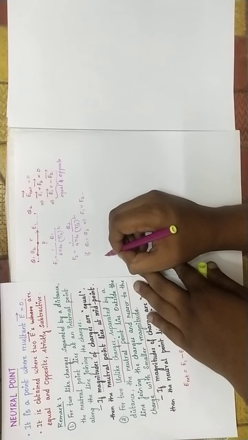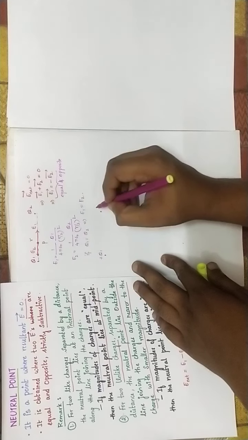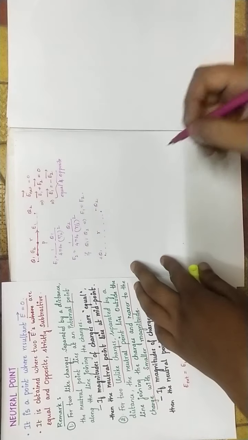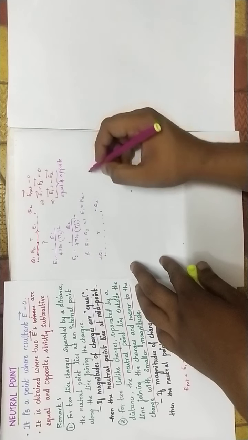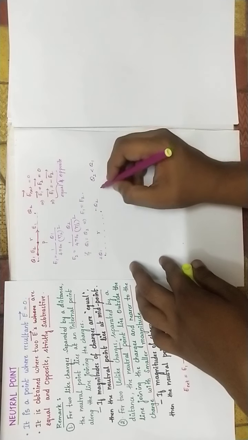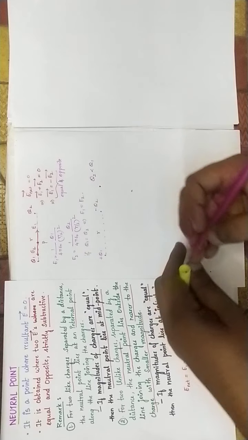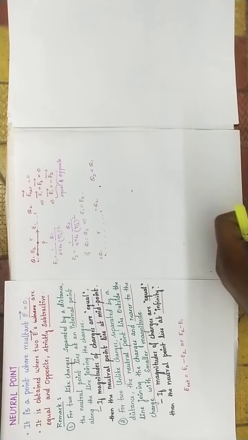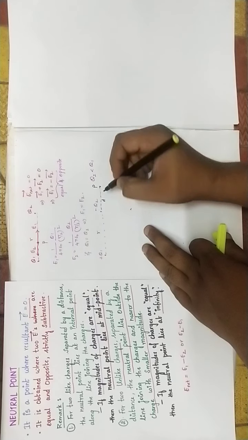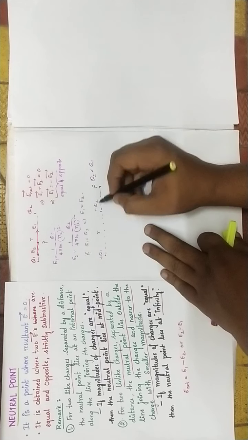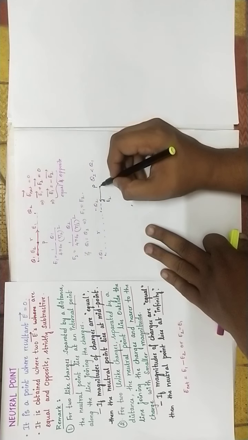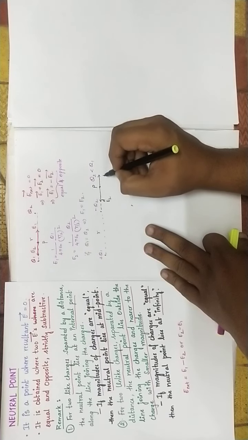So if I take one charge plus Q1, another charge minus Q2, they both are separated by distance R. Then if I assume that the Q2 magnitude is less than Q1, and I choose one point outside both Q1 and Q2, say this point P, at a distance D, the electric field due to Q2 will be acting towards left, which I say E2. The electric field due to Q1 will be acting towards right, which is E1.